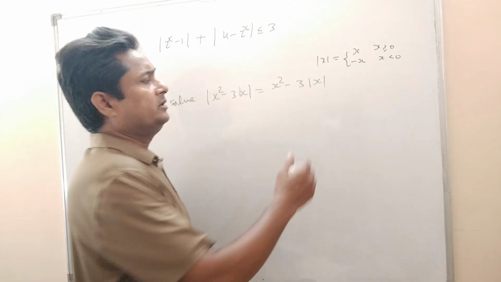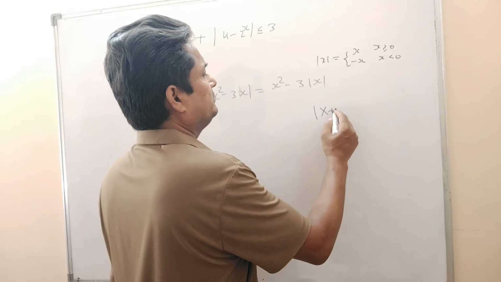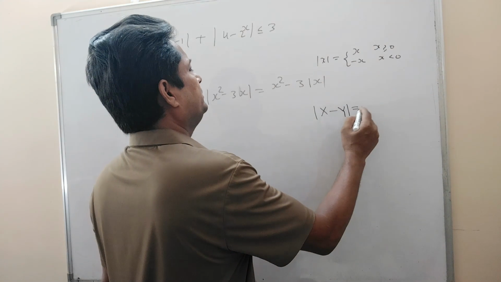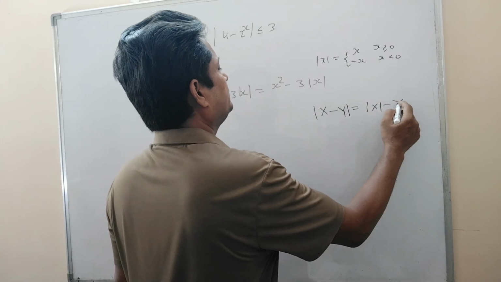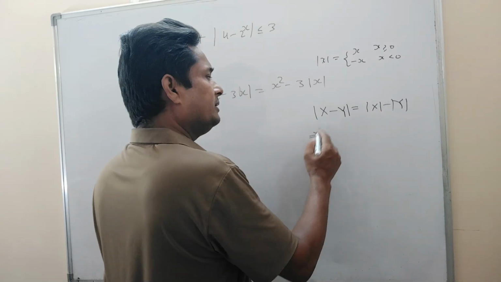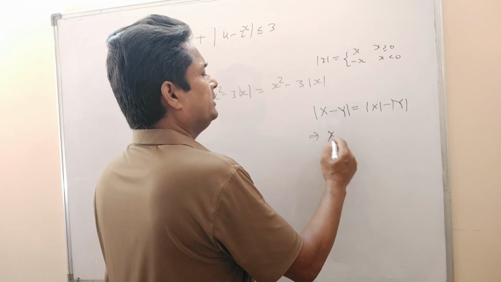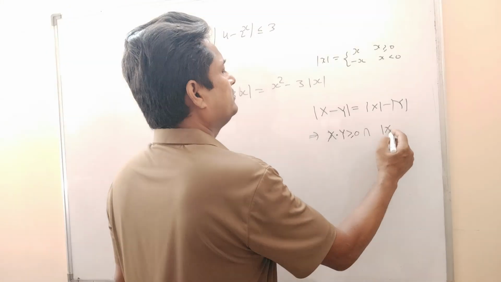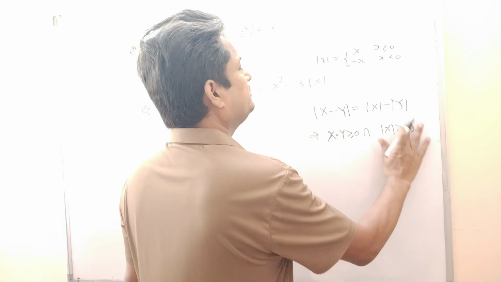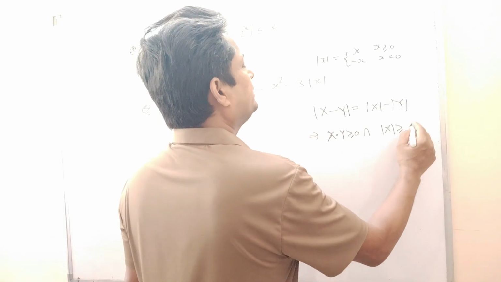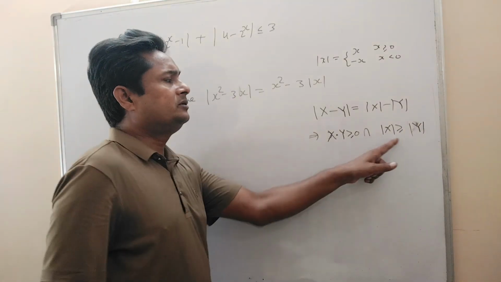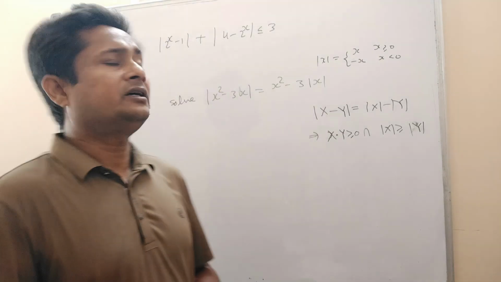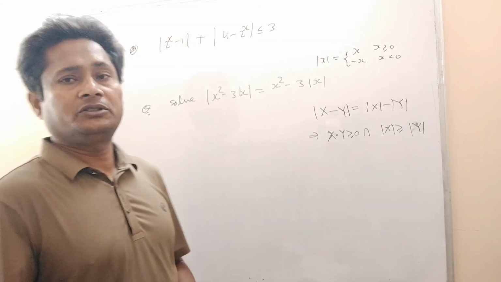I told one property that if mod of x minus y is equal to mod of x minus mod of y, then you have to solve only x into y greater than or equal to 0, intersection mod of x greater than or equal to mod of y. You have to solve only this condition. Your answer will be the final answer for this question.